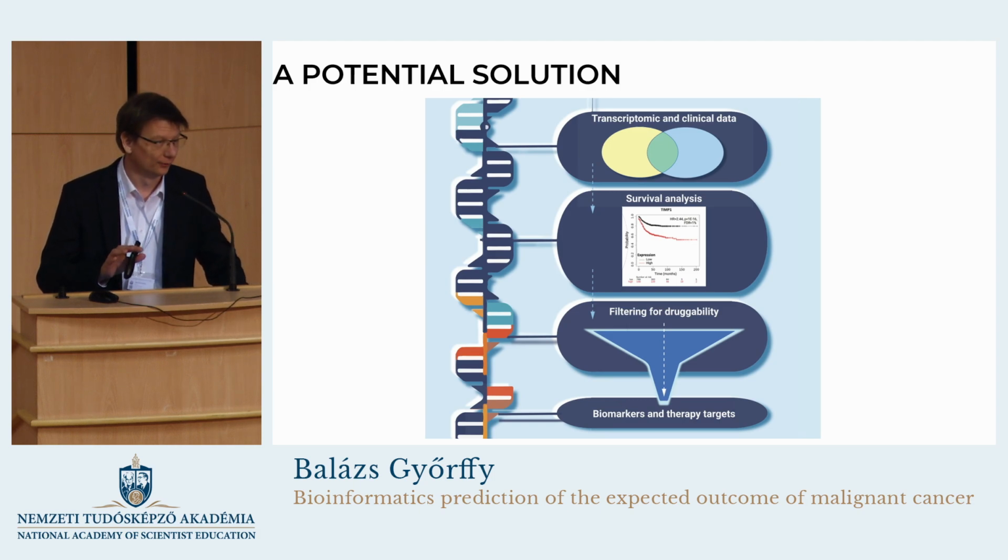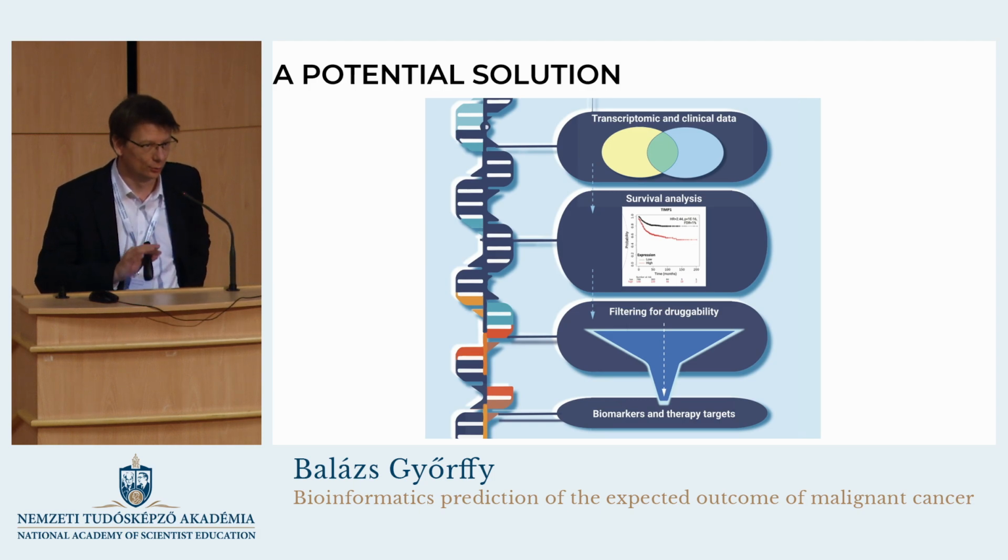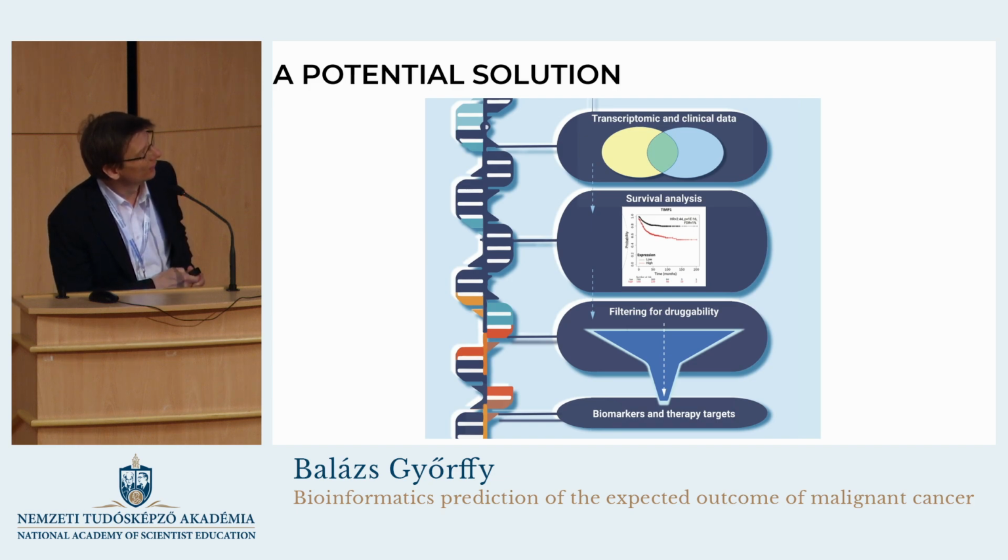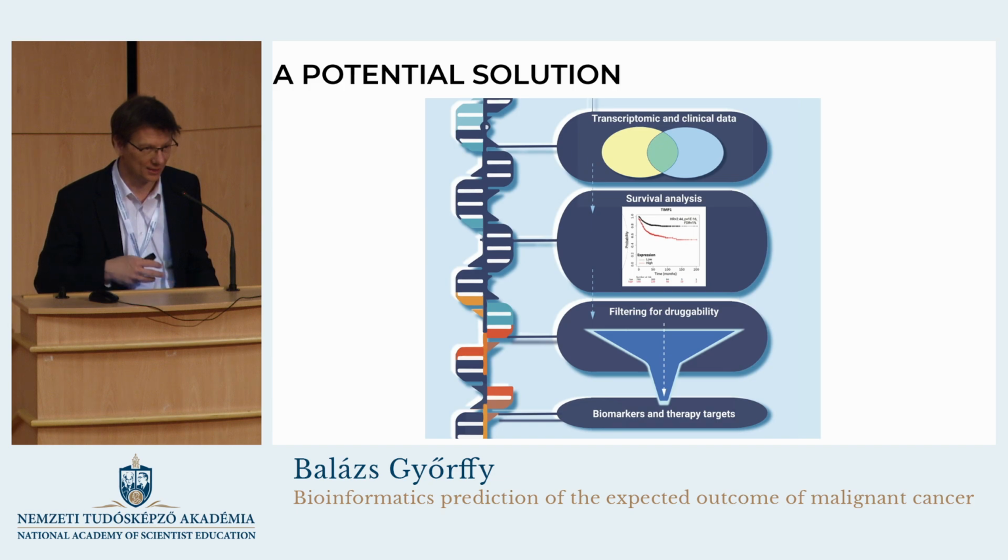And now we move on to our study. What we do is we develop software for filtering therapy targets. First we collect clinical and transcriptomic data from patients. This means that the tumor is removed, from the tumor all the genes are measured, and we also save the medical history of the patients.